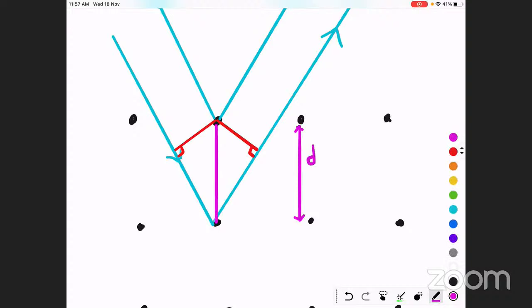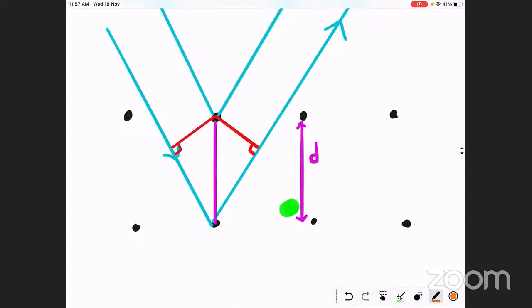And this angle is theta. So what is this? d cos theta or d sin theta? Come on, Vinayak, tell me. It will be d cos theta, no, it will be d sin theta. Am I right? This is also d sin theta.